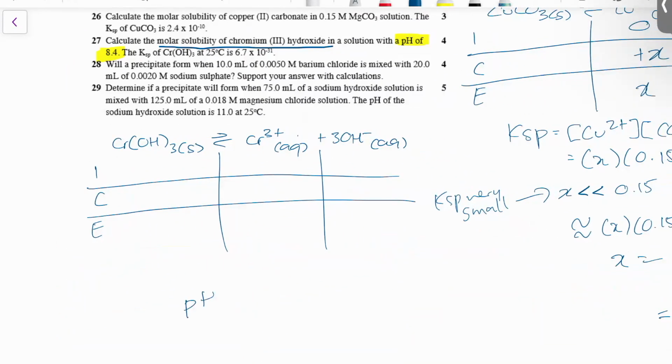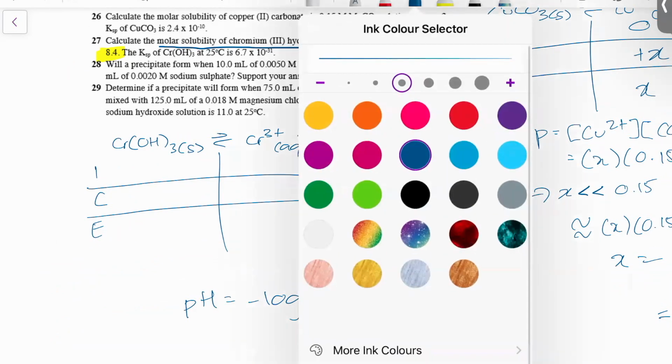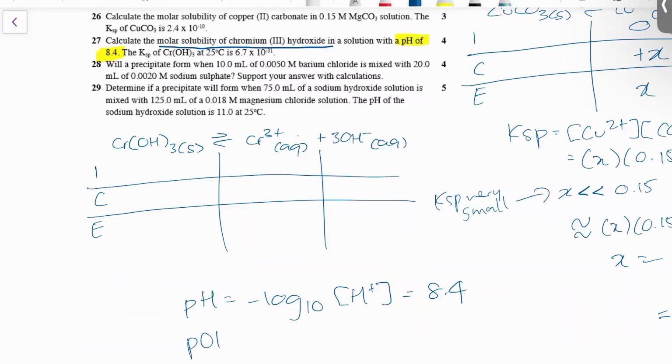So pH is negative log base 10 of H plus, which is 8.4. And then as I do that, I'm like, pH doesn't relate to chromium. pH doesn't relate to hydroxide. But if you've had enough experience with Module 6 calculations as well, pH can be converted to pOH, which is equal to 14 minus pH, is equal to 14 minus 8.4.